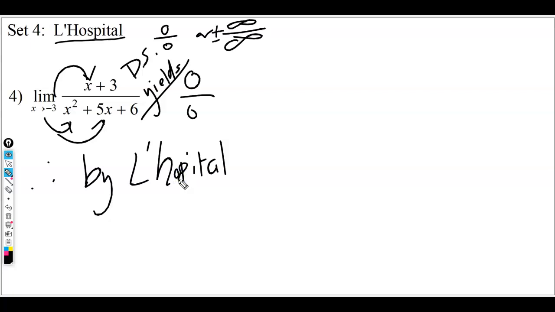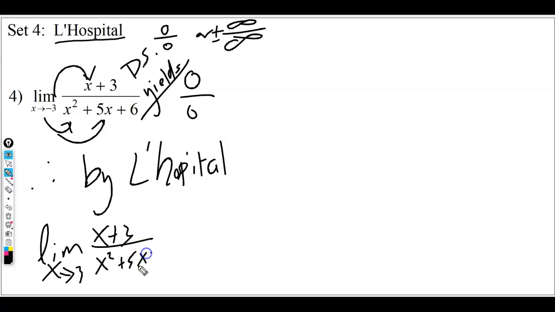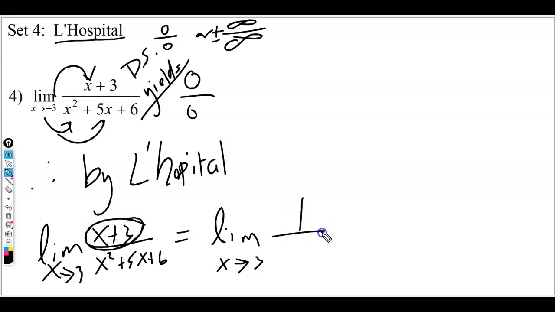We're going to find the derivative in a different way. We're going to say that the limit as x approaches 3 of x plus 3 over x squared plus 5x plus 6 is the same thing as the limit as x approaches 3 of, take the derivative of the top, take the derivative of the bottom.